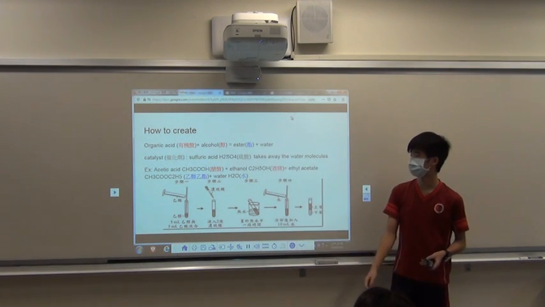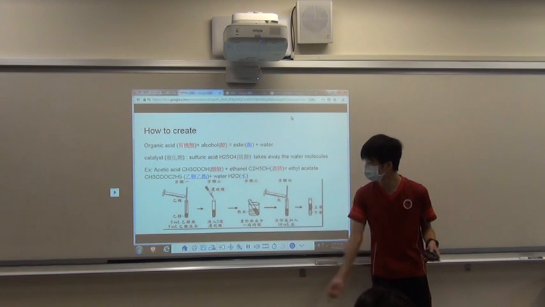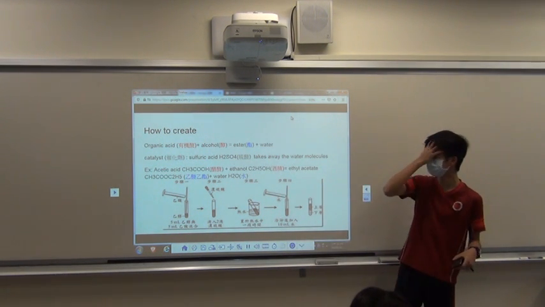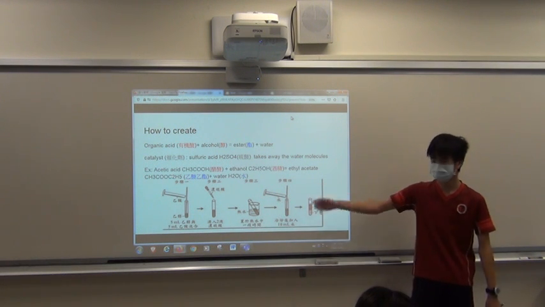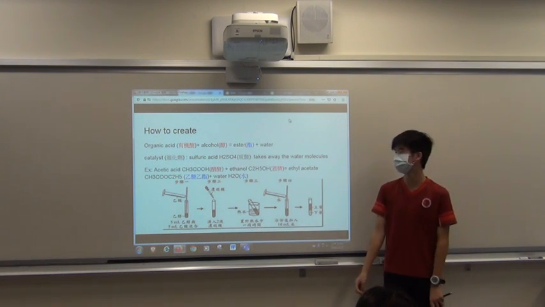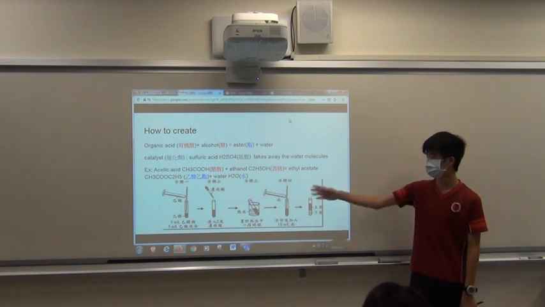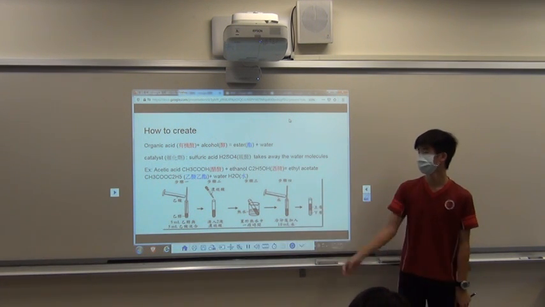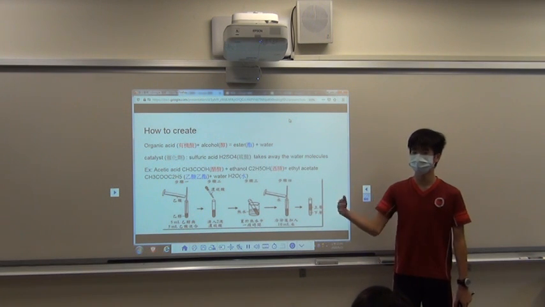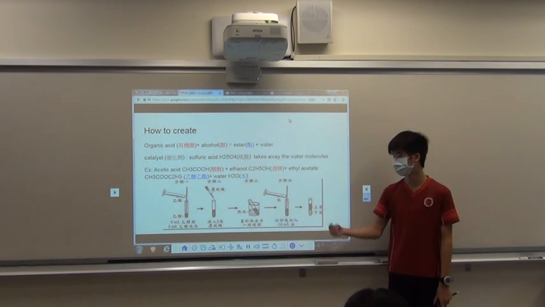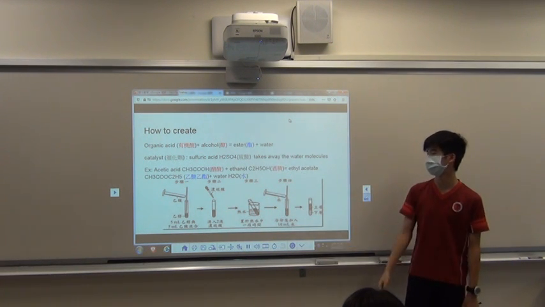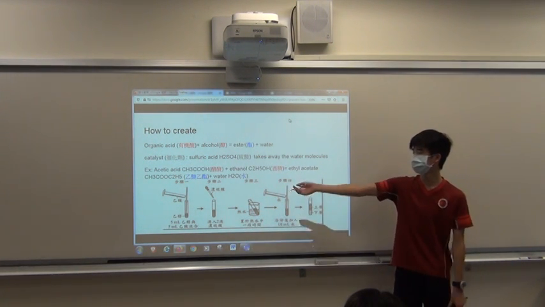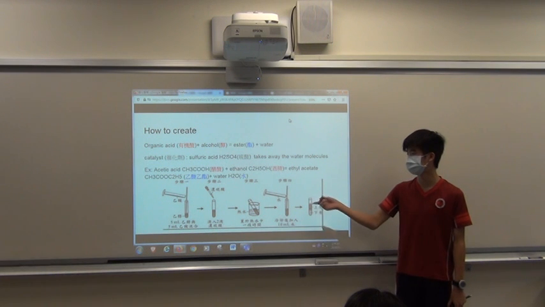But you have to add a catalyst, sulfuric acid, because it takes away the water molecules in this experiment. So it increases the speed of the reaction.